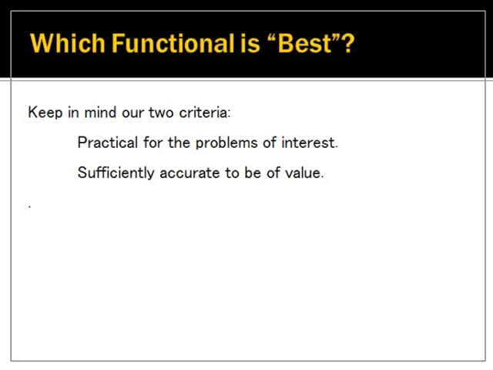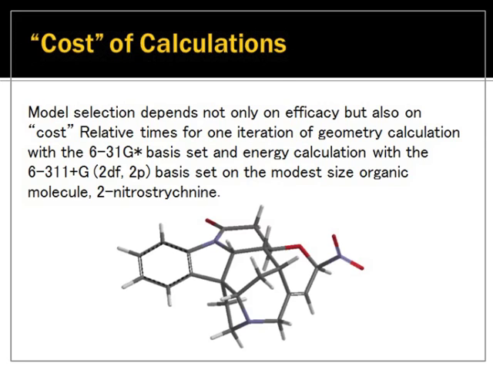Which functional is best? Well, there are 2 criteria. They're equally important. The first is that it's practical, that you could actually use it. And the second criteria is that it's good. Let me give you just the notion of practical in a simplistic way. I'm going to pick a modest-sized organic molecule, nitrostrychnine, and I'm going to ask two questions.